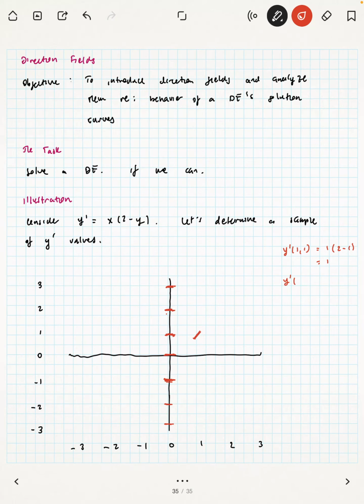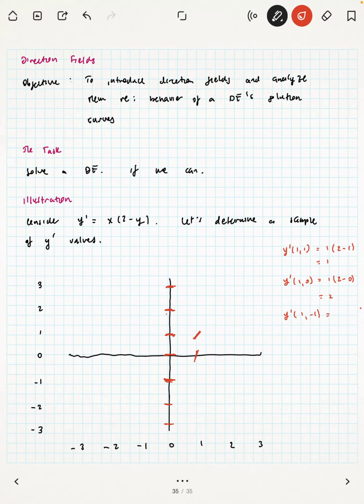Okay, what about y prime of (1, 0)? Then we're plugging in 1 times (2 minus 0), that's 2. So that's going to be steeper, like this. And then y prime of... sorry, not (negative 1, 0), but (1, negative 1).